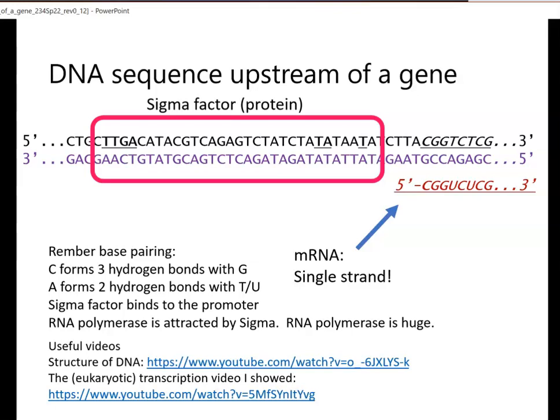It could be 3,000 or 5,000 nucleotides long, so we're never going to write the entire thing on a whiteboard. So DNA is double-stranded, base paired from one strand to the other. RNA is single-stranded. There's no need to base pair this.